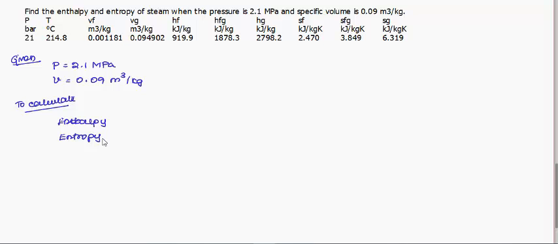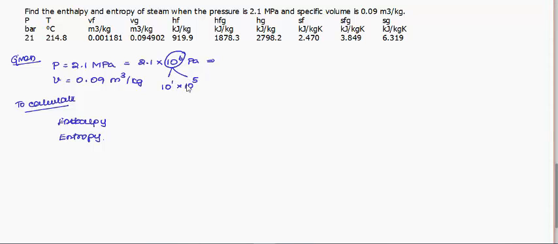Before that we should convert the units of pressure, because the steam properties are given in bar. 2.1 megapascal can be written as 2.1 into 10 power 6 pascal. This 10 power 6 can be written as 10 power 1 into 10 power 5.